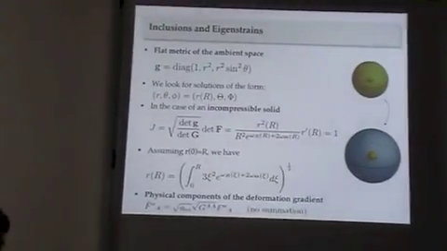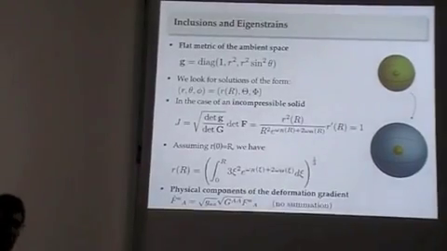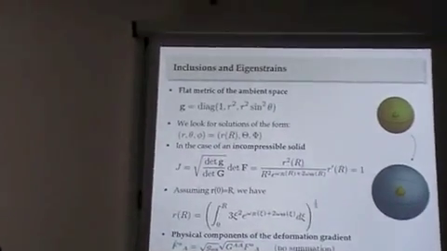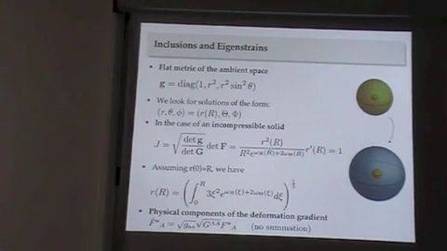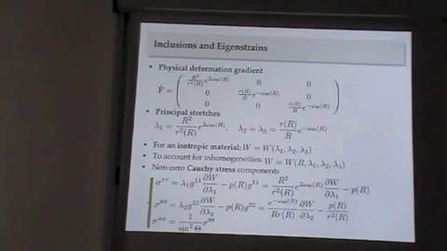When you work with curvilinear coordinates, a given physical quantity like F or stress, its components may not have the right physical dimensions, and the physical components means you change these components somehow to have the right physical dimensions. Something classic, and Truesdell has a nice paper on this. So, okay, these are your stretches, the eigenvalues of your stretch tensor, and the eigenvalues of C would be these squared.